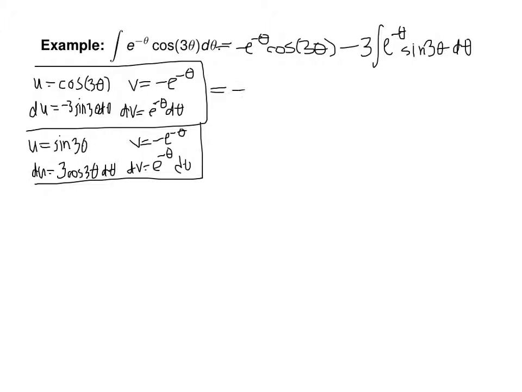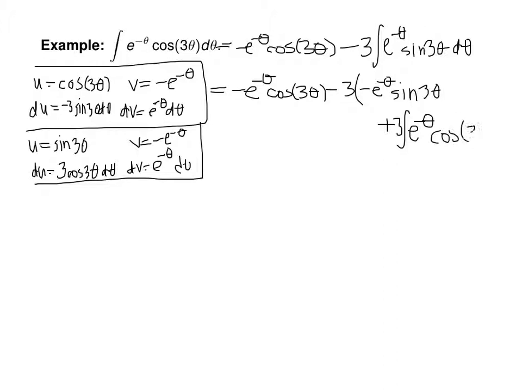So my integral is negative e to the negative theta cosine 3 theta minus 3 times, so uv, negative e to the negative theta sine 3 theta, minus v du, so it should be plus in this case because of the negative v. So plus 3 e to the negative theta cosine 3 theta d theta.